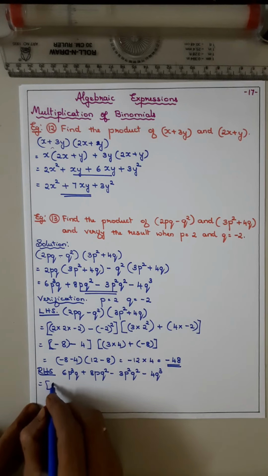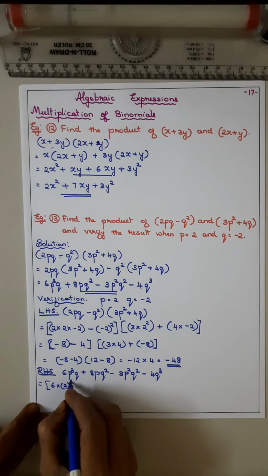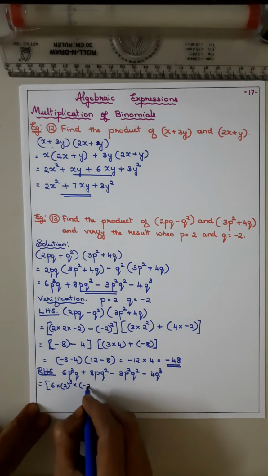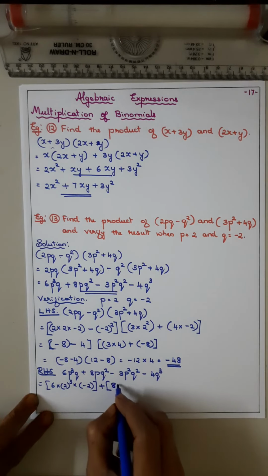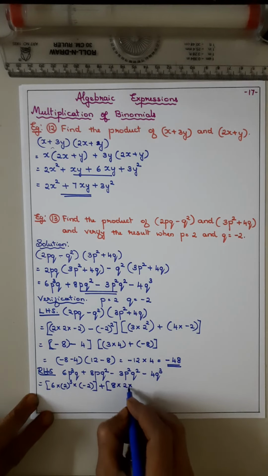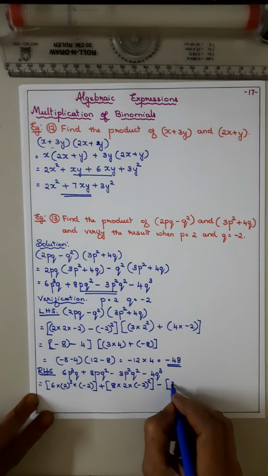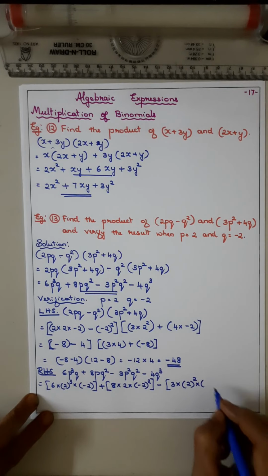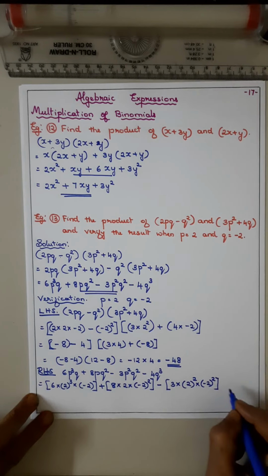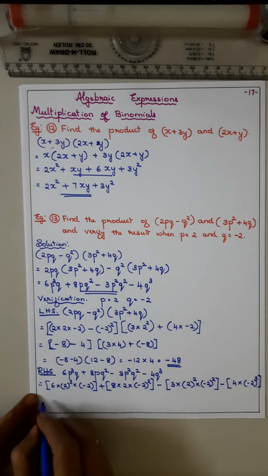It is 6 into p is 2, 2 cube, into q is minus 2, bracket close, plus 8 into p is 2, q is minus 2 squared, minus 3 into p 2 squared into q is minus 2 squared, bracket close, minus 4 into q is minus 2 cube, bracket close.